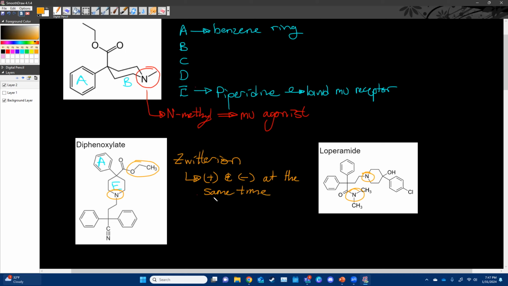So overall, what is their charge across the entire molecule? Neutral. But they have a positive zone and a negative zone. And so what this means is that they are peripherally locked.